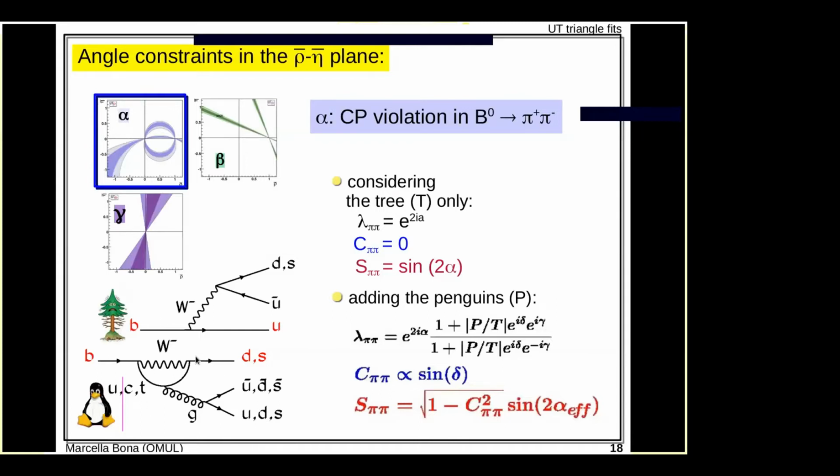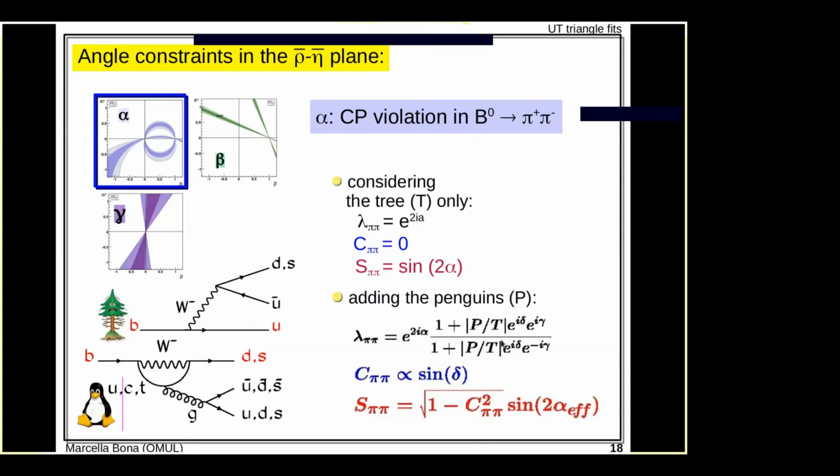The penguin diagram, you cannot be sure that it is so suppressed with respect to the tree, okay? And so if you consider, in this case, also the penguin diagram, your actual observables, what you measure from the experimental point of view, are not exactly clean as in the sine 2 beta case, but a little bit dirtier and have this more complicated relationship.